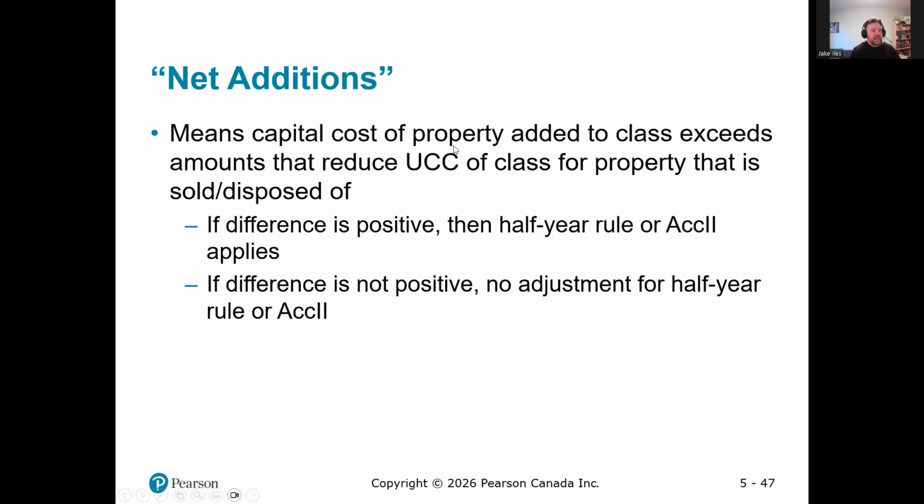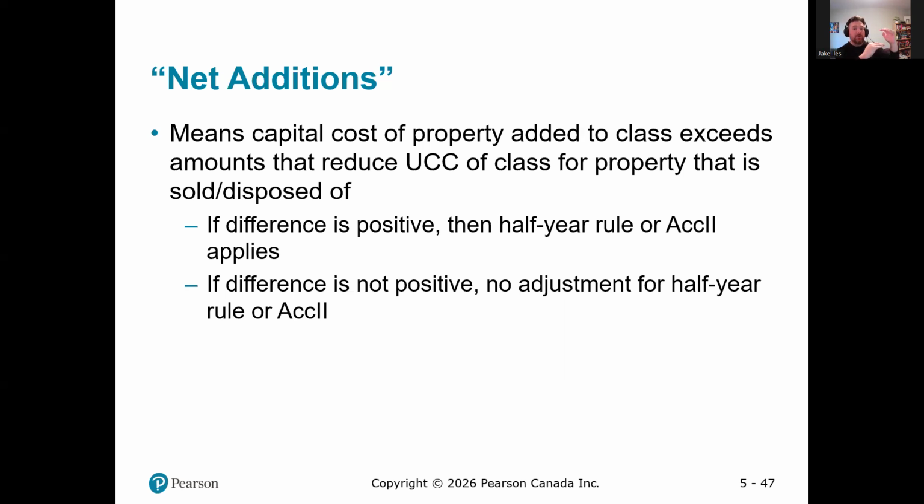Net additions is the capital property added that exceeds the reduction to UCC. So whenever we buy properties and we sell from the same class, we have to net them together. So if the half-year rule applies, it doesn't apply only on the additions, it applies on the net additions.